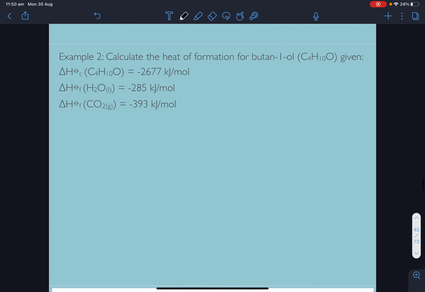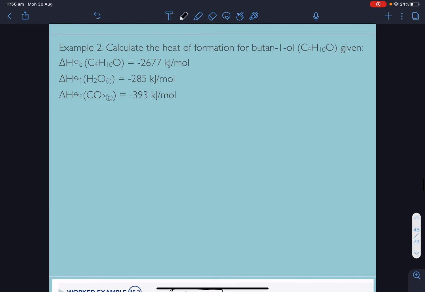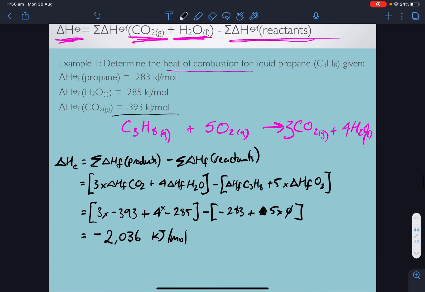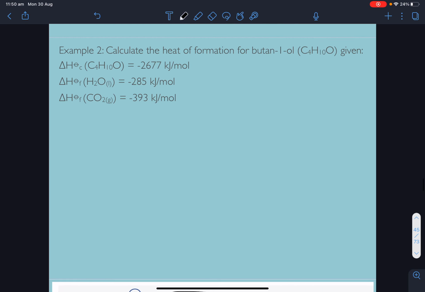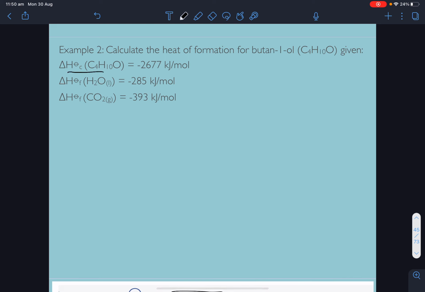Alright, calculate the heat of formation of butanol given the heat of combustion and the heat of formations, okay? So notice here, I'm not asking for the heat of combustion, I'm asking for the heat of formation given the heat of combustion, okay? We're still going to approach it the same way.